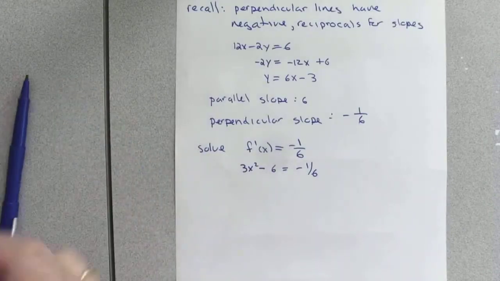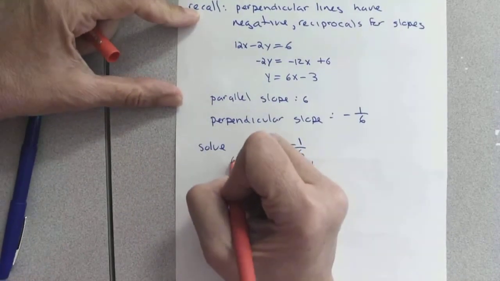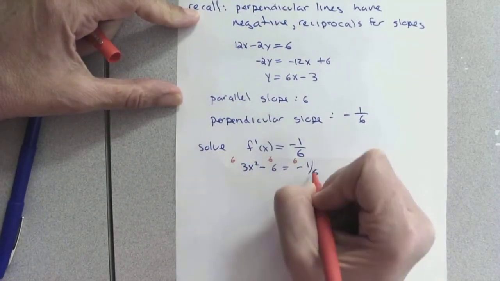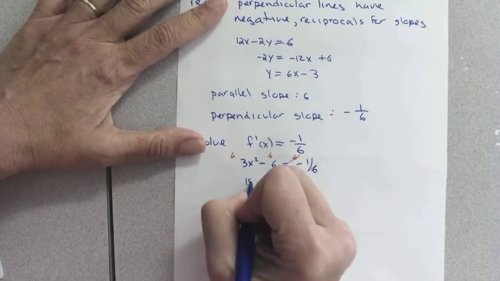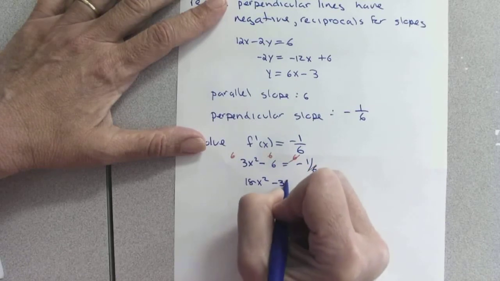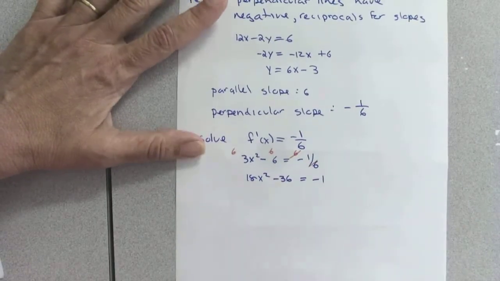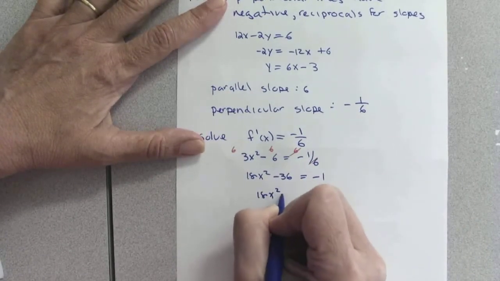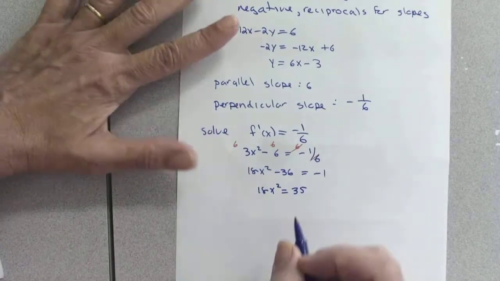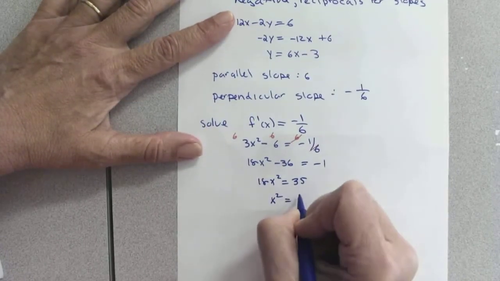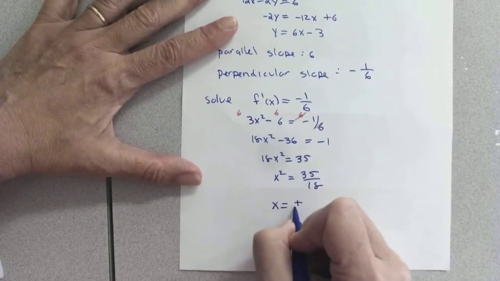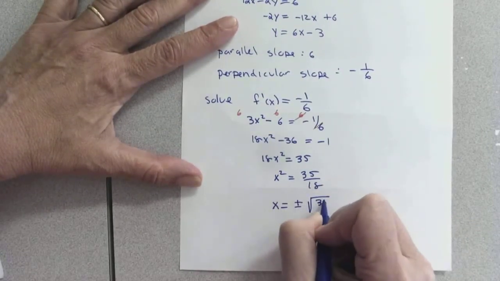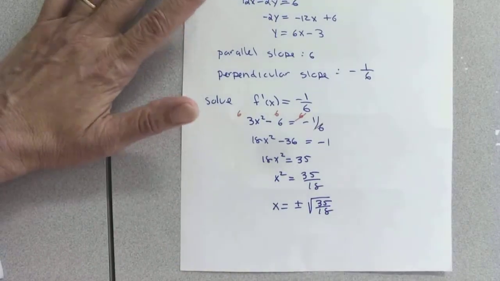Let's multiply everybody by 6. That'll be the easiest way to solve that, canceling the fraction on the right. So I'm going to get 18x squared minus 36 equals negative 1. 18x squared equals 35. x squared equals 35/18. x equals plus or minus the square root of 35/18.